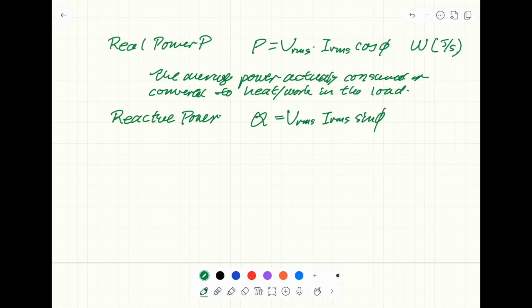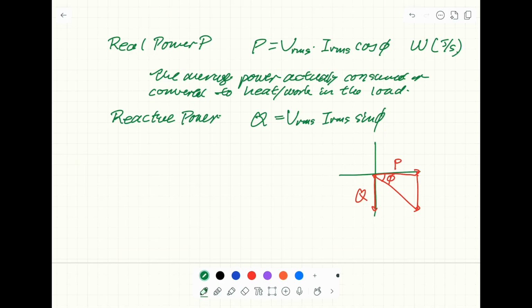So just recall, this is the real and this is the reactive, and this is the angle phi.